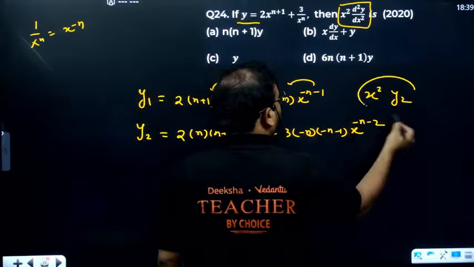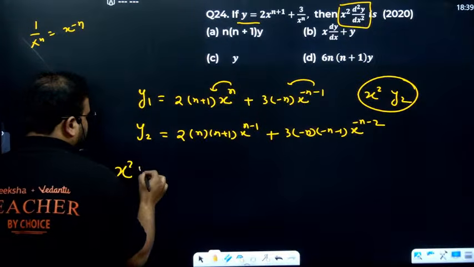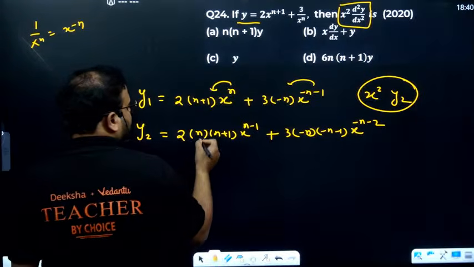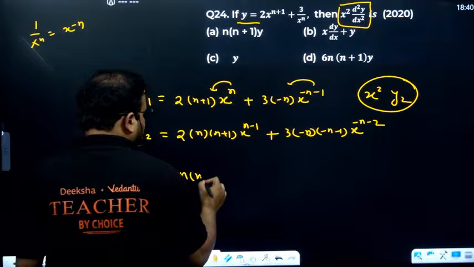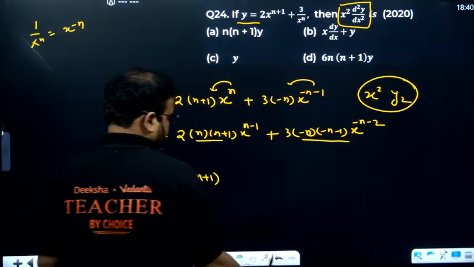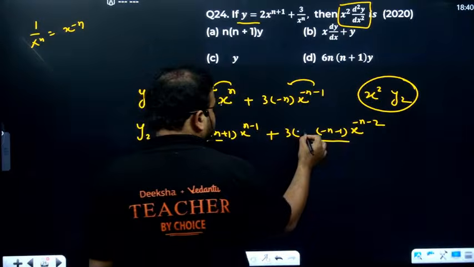But what are they asking? They're asking us x square y2. So multiply that. x square y2. So first of all, you can see we have n times of n plus 1 common, because here it is also there. Here it is also there. I'll just write that better.